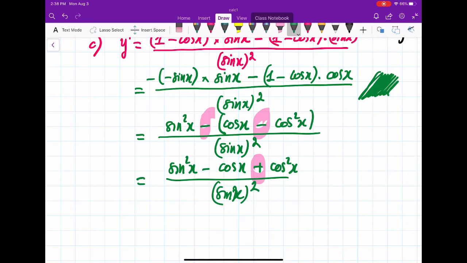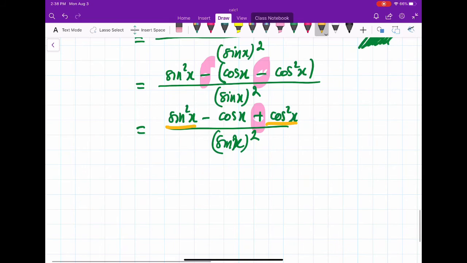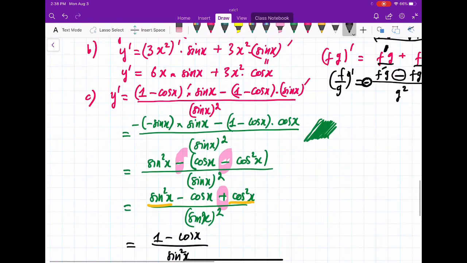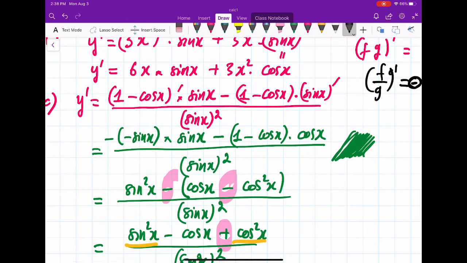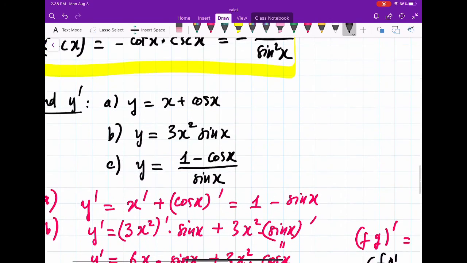And you might simplify sine squared and cosine squared, because sine squared plus cosine squared is 1. So I have 1 minus cosine x over sine x squared here. You might do it this way, but again, if you remember the quotient rule, you might stop at this step. Agree? Or you might do it in the other way.